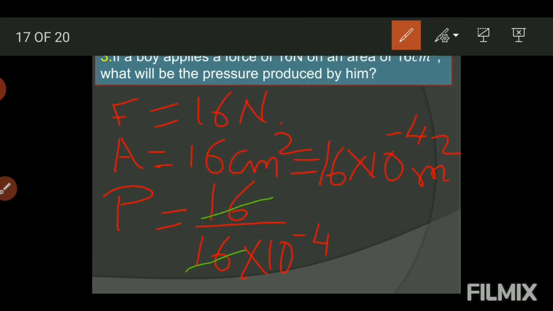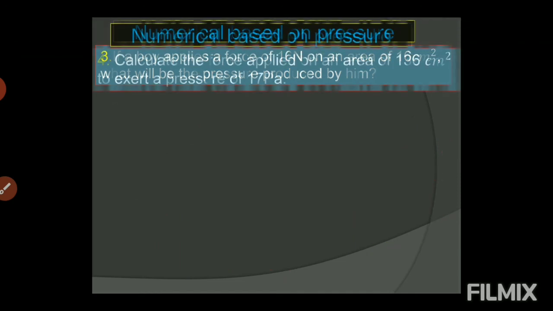So 16 and 16 get cancelled. 10 to the power minus 4 is in the denominator. So when it is brought to the numerator, it becomes positive. That is 10 to the power 4. And because both of them are in SI unit, we will get the unit of pressure as Pascal. So I hope you could understand this number.